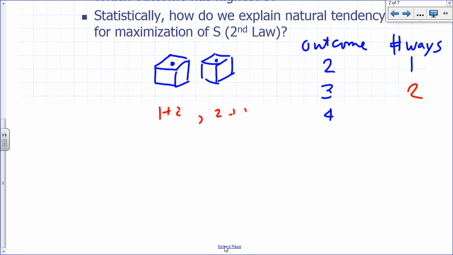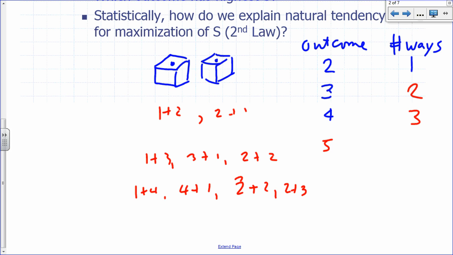You can have 1 plus 3, 3 plus 1, or 2 plus 2. So 3 ways. How many ways can you get an outcome of 5? 1 plus 4, 4 plus 1, 3 plus 2, 2 plus 3, 4 ways, right?